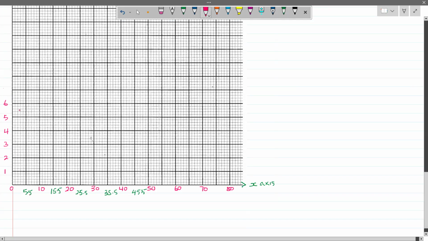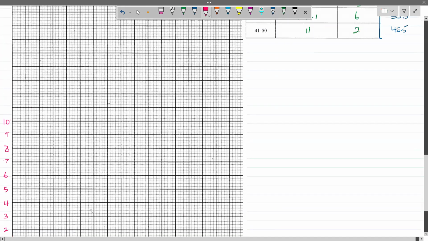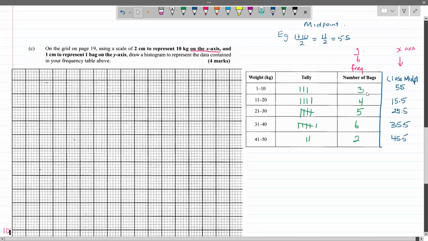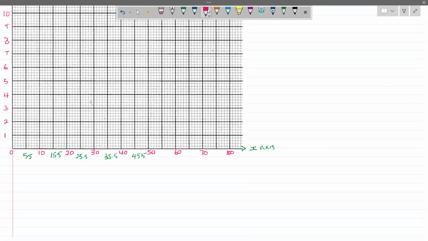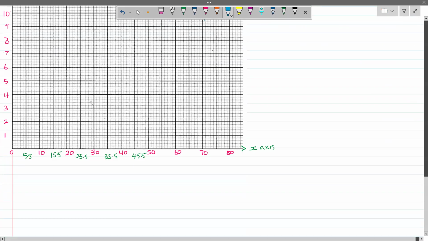And let's block some other values going up to 10. So for our first class interval, which is 5.5, our frequency is 3 bags. So choose another color. Choose pink. Blue. So our first bar is going to be here.